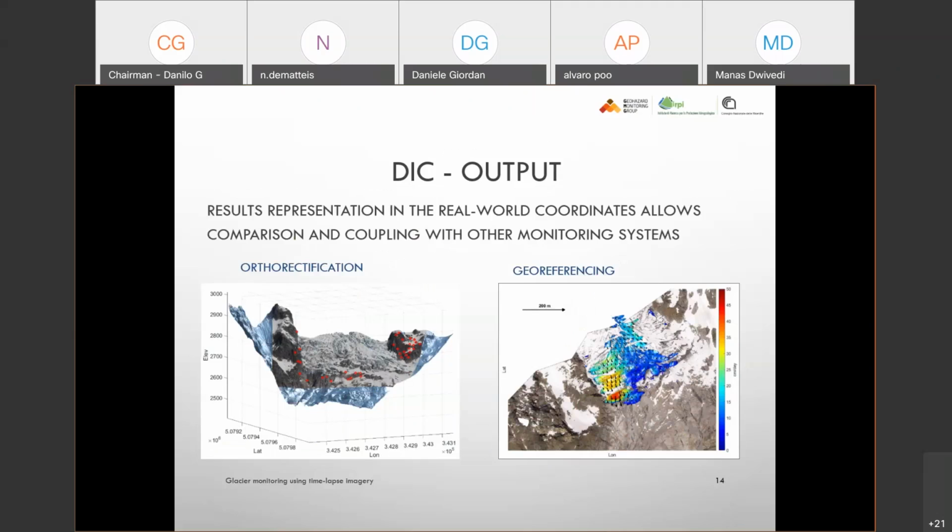In order to do that, it is possible to auto-rectify the image on a digital terrain model used as reference. And using this approach, it is possible to compare the results of the digital image correlation, or maybe couple this data with other monitoring devices.